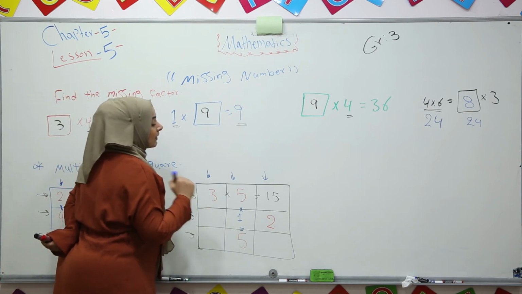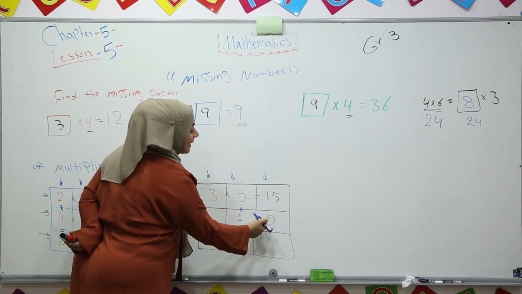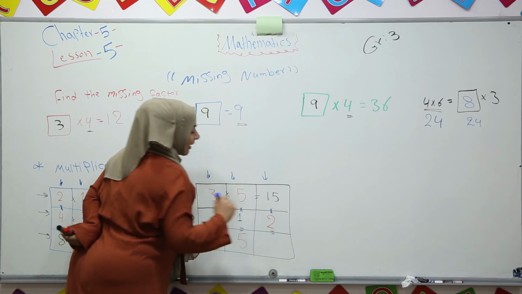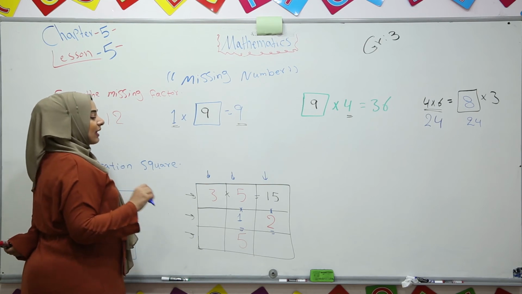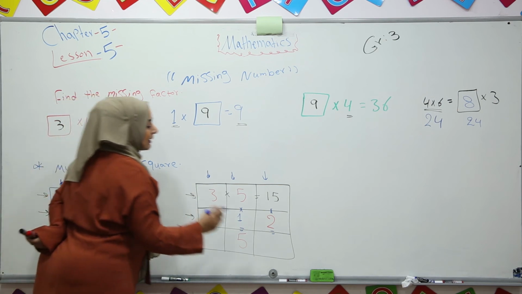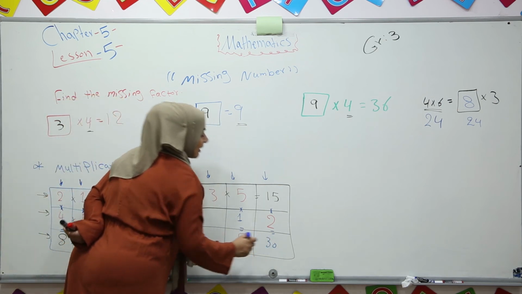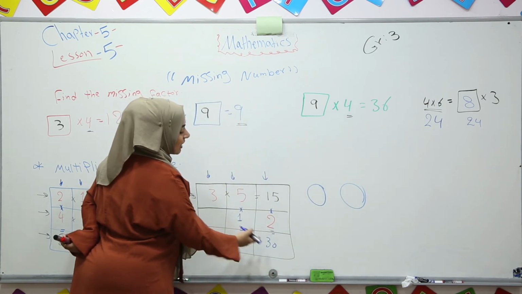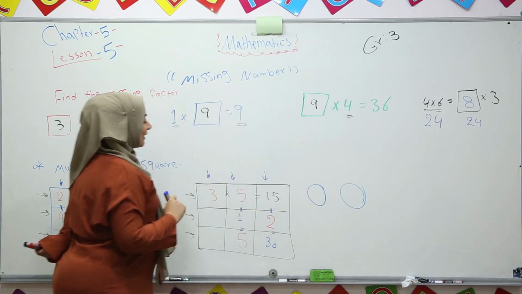We found it. This time, 15 times by 2. 15 times by 2 equals how many? It is 30. Okay? If we make two groups, each group contains 15 objects. It is equal to 30.